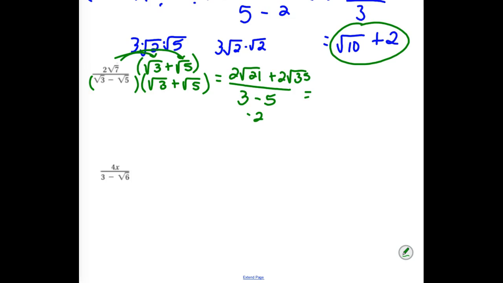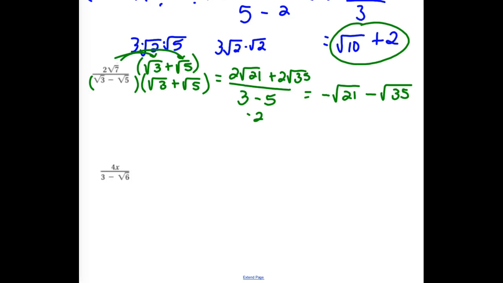So what is 2 root 21 divided by negative 2? Negative 1 root 21. Okay, and then 2 root 35 divided by negative 2 would be negative 1 root 35. Do either of those have a perfect square factor in them that we could simplify out? Okay, then that's all we can do.